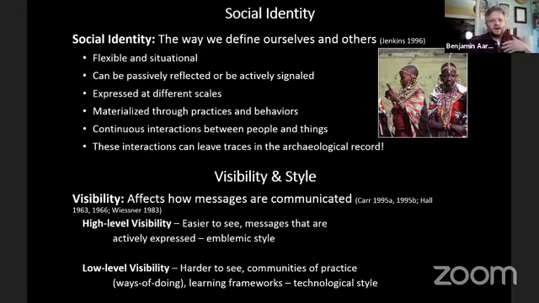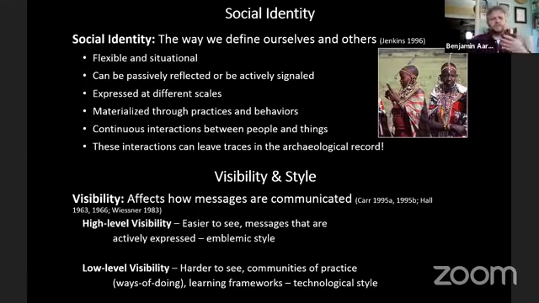It can be used passively to reflect identities, or it can be actively signaled. We can express identities at different scales, and it can be materialized through different practices and social behaviors. And it's a continuous interaction between people and things, and these interactions with things especially can leave traces in the archaeological record that archaeologists can study.